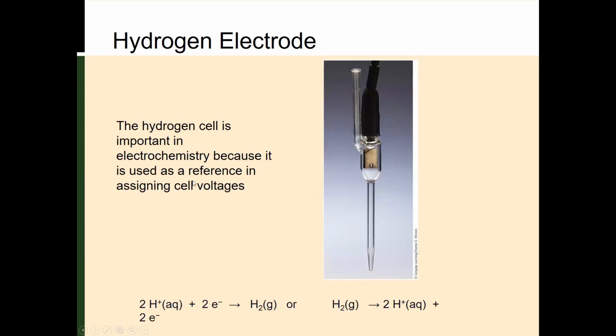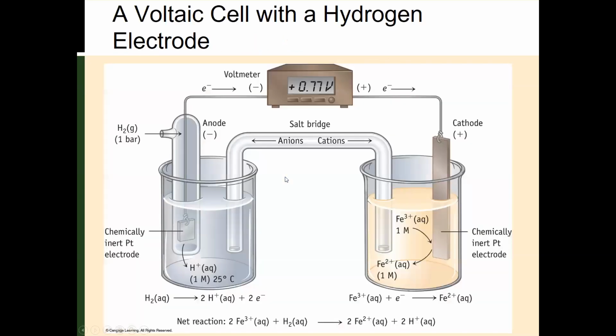Now, the hydrogen electrode is what is used to compare everything. It's important because it's the reference for that. And here you see a picture of a hydrogen cell. Notice that the metal that's in there is not hydrogen. The hydrogen is actually a gas. Okay. Here we have a voltaic cell in which hydrogen is reacting.